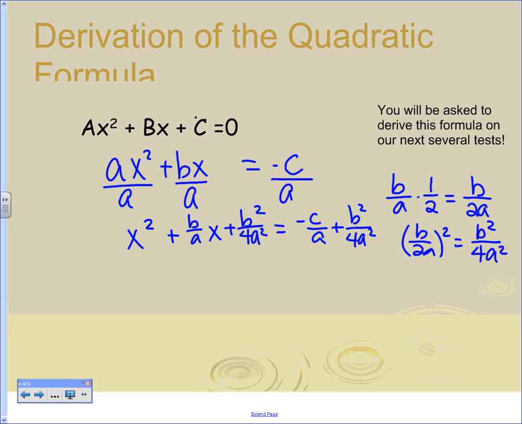Any questions so far? Okay, now what? How will this left side factor? Make sense? Right now we have negative c over a plus b squared over 4a squared.